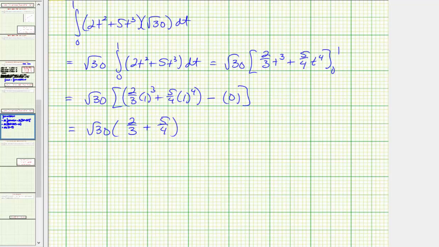Obtaining a common denominator, which would be 12, we'll multiply by 4 over 4 here and 3 over 3 here. So we have the square root of 30 times 8/12 plus 15/12, which is 23/12. Let's go ahead and write this as 23 square root of 30 divided by 12, which as a decimal would be approximately 10.4980. I hope you found this helpful.